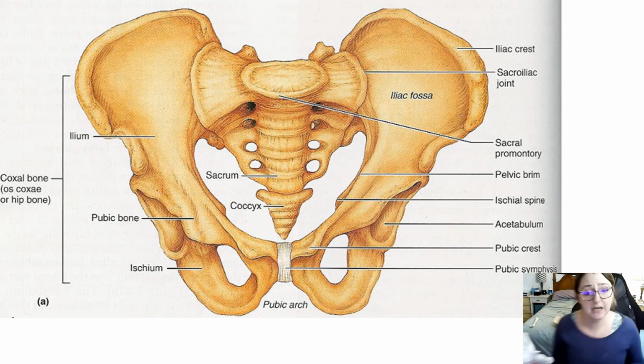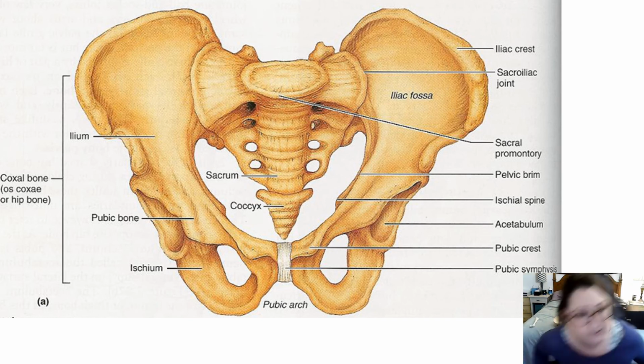There's a few things that I want you to know about the pelvis, but let's go over a few things that might be a little bit less obvious. I actually like this next picture a little bit better to show that. It just color coordinates a little bit nicer.